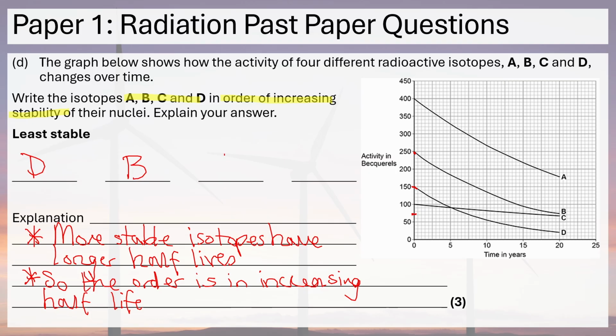If I look at A next, A halves, well in fact it's taken about 20 years to halve, and then if I look at C, which is the last one, it hasn't actually halved in 20 years, it's not even got anywhere near half, so that's the most stable one.